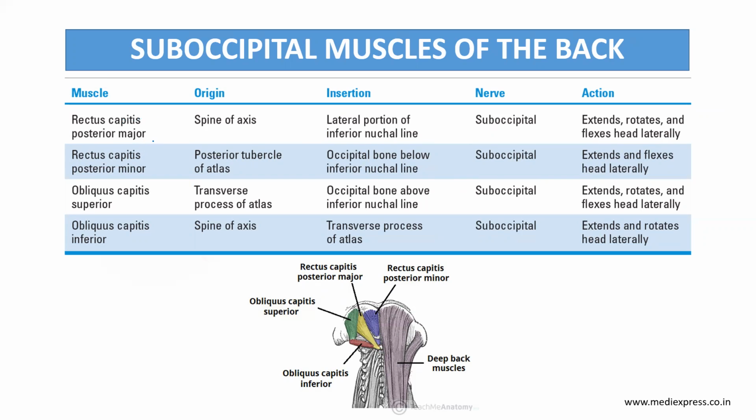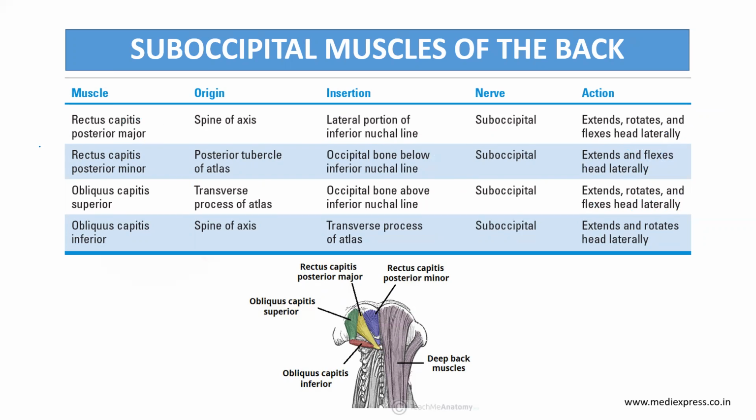The actions of these muscles are also nearly similar. Rectus capitis posterior major extends, rotates, and flexes the head laterally. In the same way, rectus capitis posterior minor extends and flexes the head laterally. So does the obliquus capitis: it extends, rotates, and flexes the head laterally.